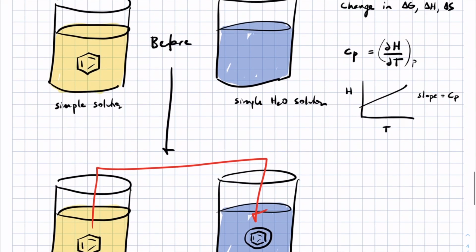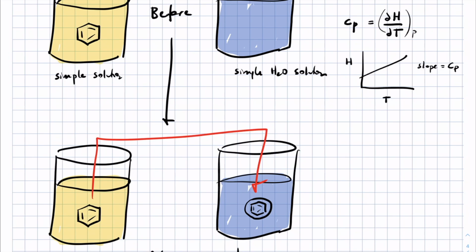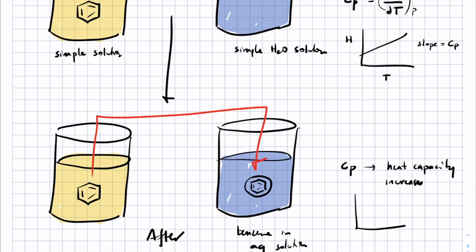And you can measure, of course, the heat capacity for a simple solution of water, and you can measure it after when you add benzene. And when you add benzene, the heat capacity increases. Meaning that if you were to take the enthalpy of this benzene in aqueous solution and plot it versus temperature, the slope would be sharper, right?